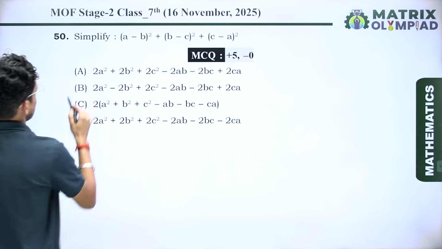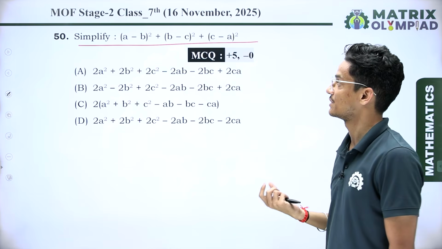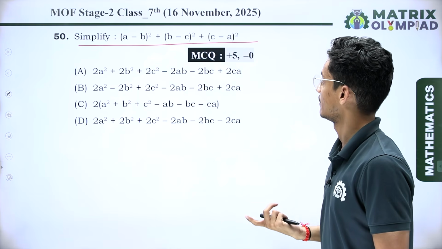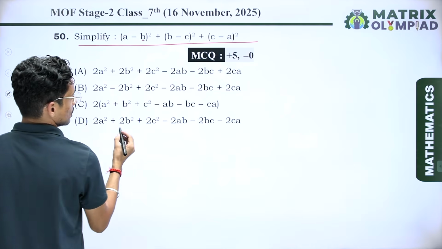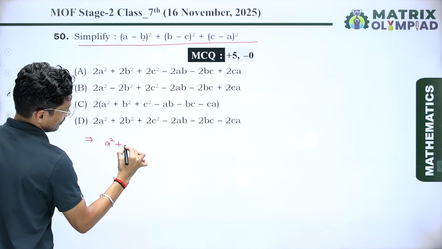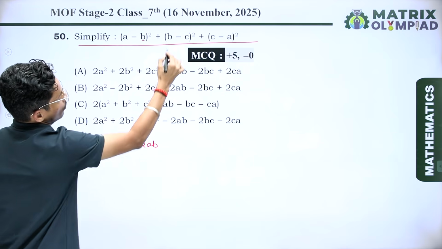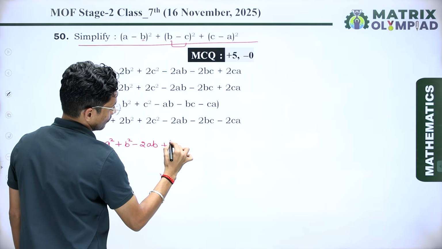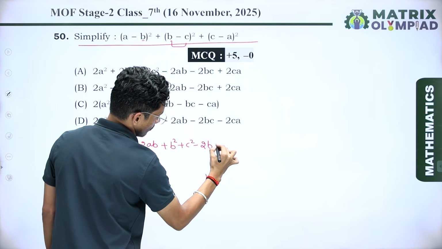So now if I talk about the next question, we have to just simplify this one. So here we can simplify using the identity A minus B raised to whole square. So when we simplify first this bracket, I can write A square plus B square minus 2AB. For this I can write B square plus C square minus 2BC.